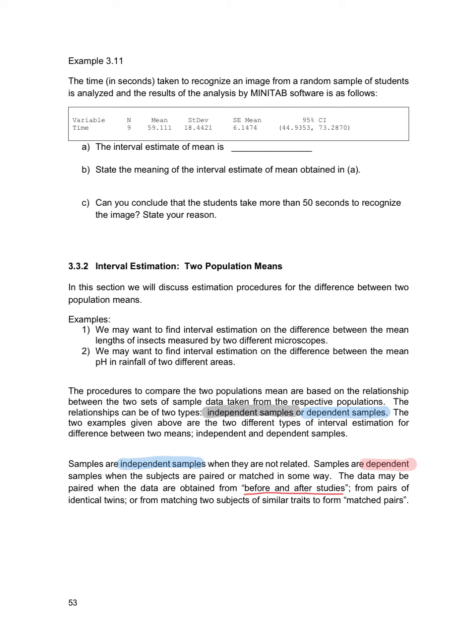Or weight, let's say we measure before they take a certain weight loss program, and then we measure again after they complete the weight loss challenge. We want to see whether there is any difference before and after the weight loss challenge. So that is what is meant by the dependent sample.